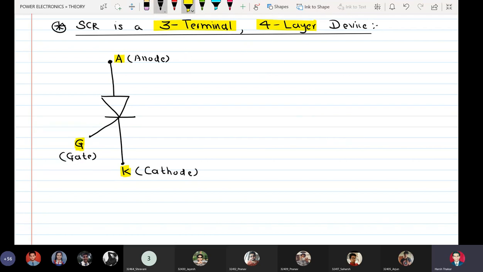So what we will do is try to understand if there is a one-to-one correspondence between the symbol and the planar structure of an SCR, then how we can relate it. So again we draw a dotted line from the cathode terminal, and we also have a dotted line from the gate terminal.